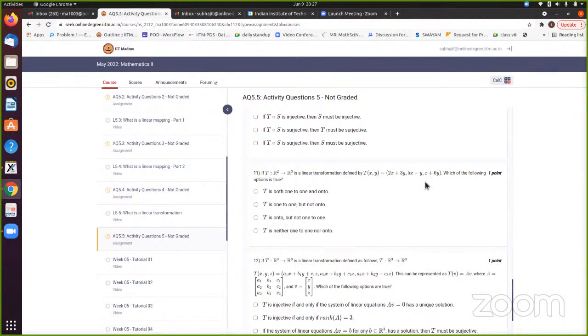Now for onto, what we have to do? You have to take any element from R3. Take A, B, C. Now can you produce a pre-image for that? I'm not able to. Again, you have to solve the system of linear equations, no? Correct. Here I'm getting 2x plus 3y is equal to A, 5x minus y is equal to B, and that is where I'm getting stuck.